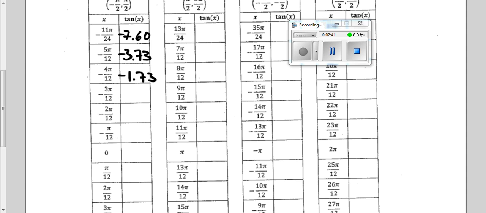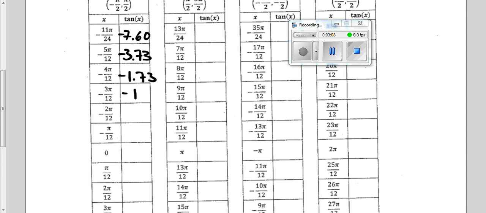What'd you get there? Negative pi over 4. Negative 1. Negative 1. Okay.